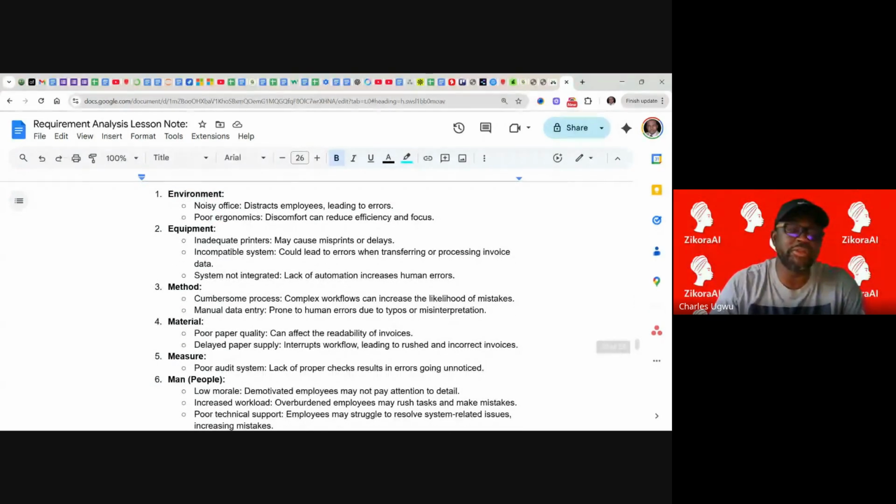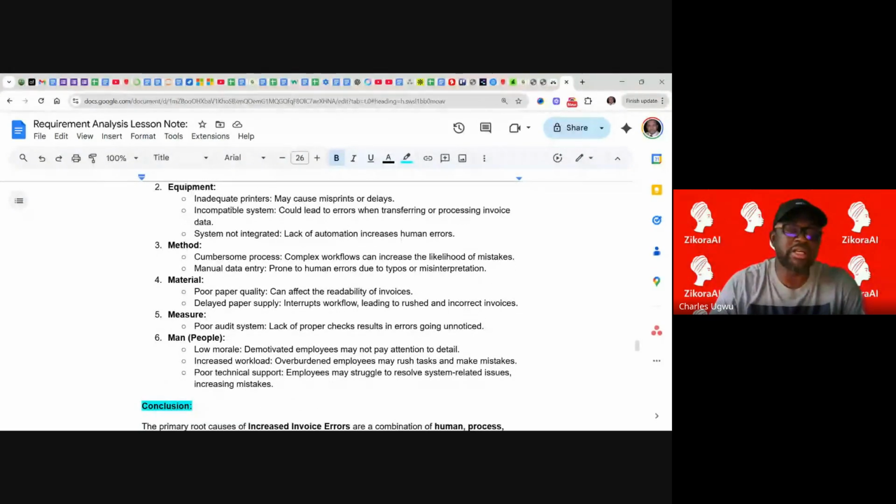Method: a cumbersome process and complex workflow can increase the likelihood of mistakes. Manual data entry is prone to human error due to typos or misinterpretation. Material factors: poor paper quality can affect the readability of the invoice.